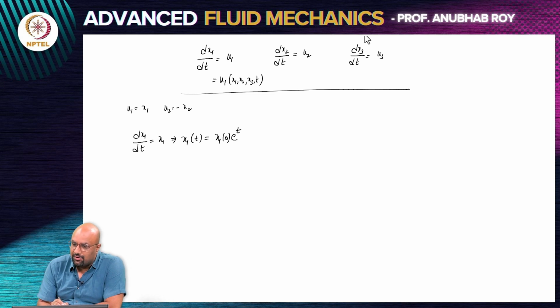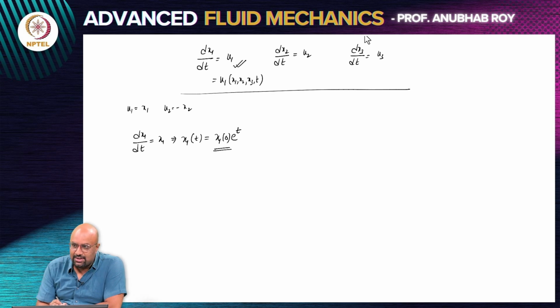It's a straightforward first order differential equation, linear in the dependent variable x1. So, here x1 is a dependent variable, it is the coordinate that you are trying to calculate. So, this is why I am trying to bring in the idea we learned regarding Eulerian and Lagrangian. Here you are tracking a fluid particle which started off from some initial position at t equals 0 and evolved due to this flow field.